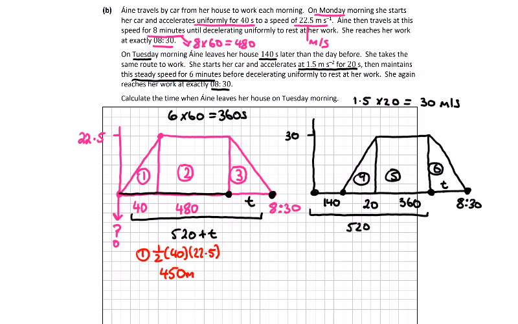These are in meters. Number 2 is just the base by the height, 480 by 22.5, which is 10,800. And number 3 is half the base by the height, which is half of 22.5, 11.25T.